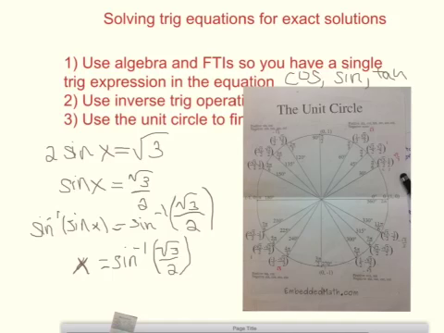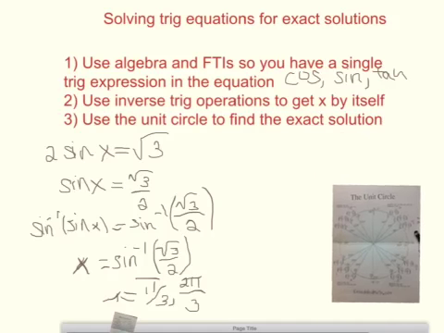So I know two of my solutions are going to be x equals pi over 3, and the other one is going to be 2 pi over 3. So those are two of my solutions.